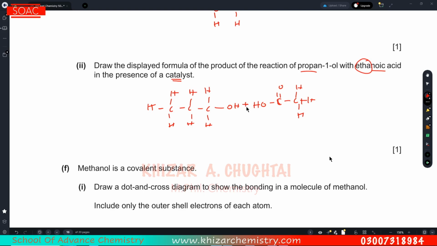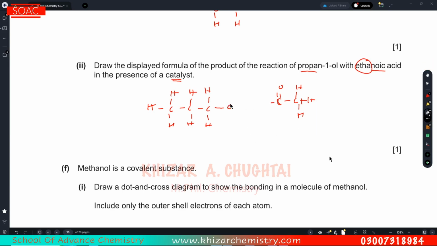In this case, it is losing the OH group and the H, so they are meeting together to make an ester.